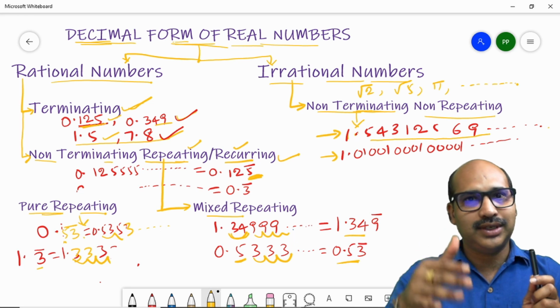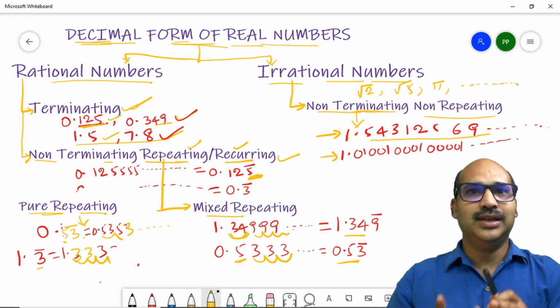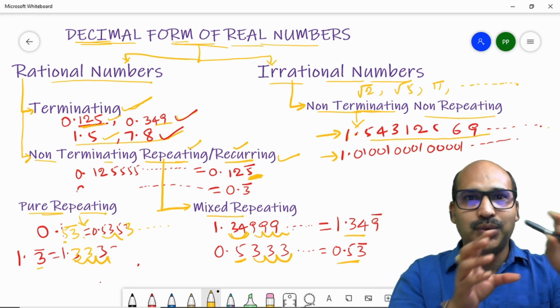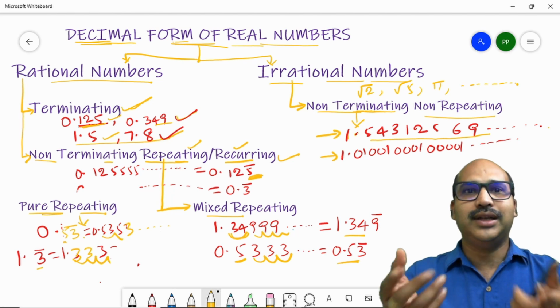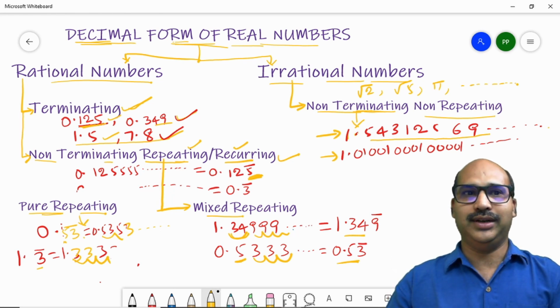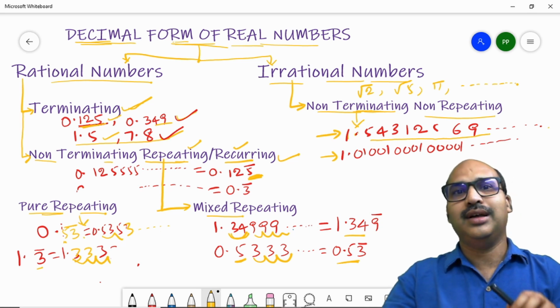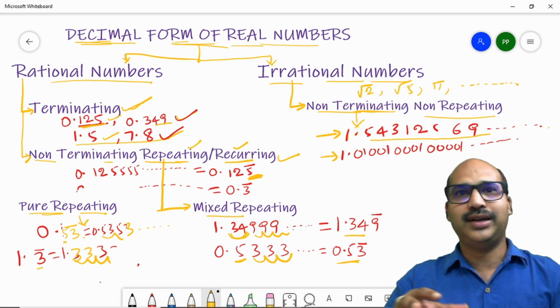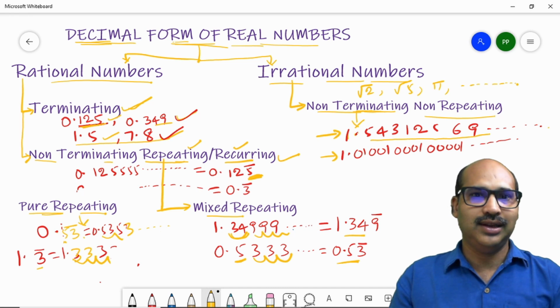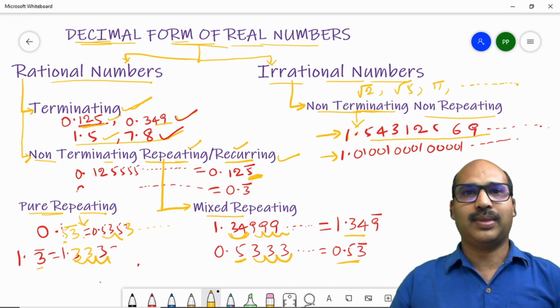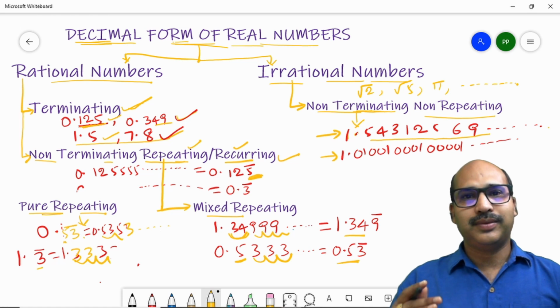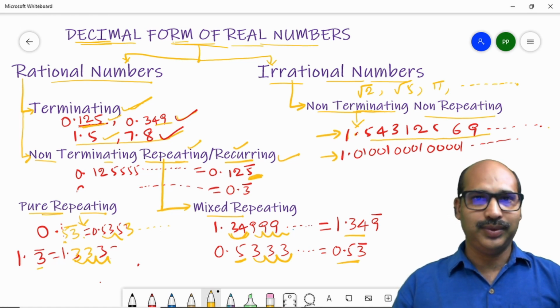So 1, 2, 3 are symbols. For these symbols some groups of objects were mapped, then the number system was invented. From the number systems we studied real numbers, and real numbers as rational and irrational. The decimal form of real numbers we also understand.